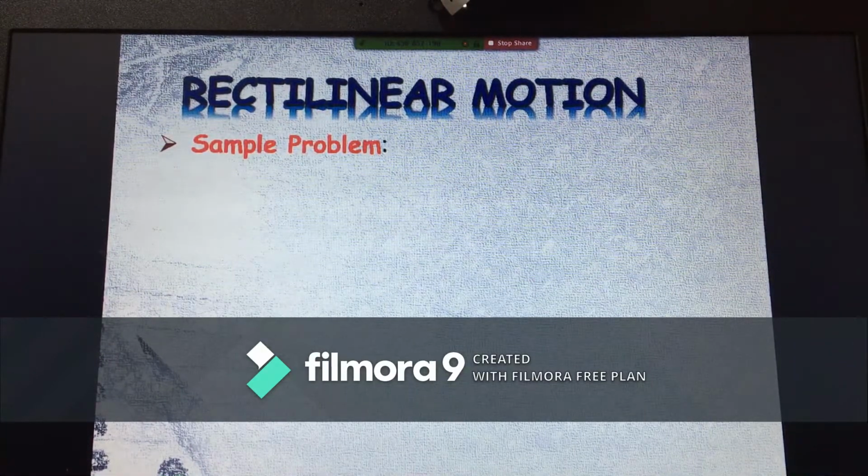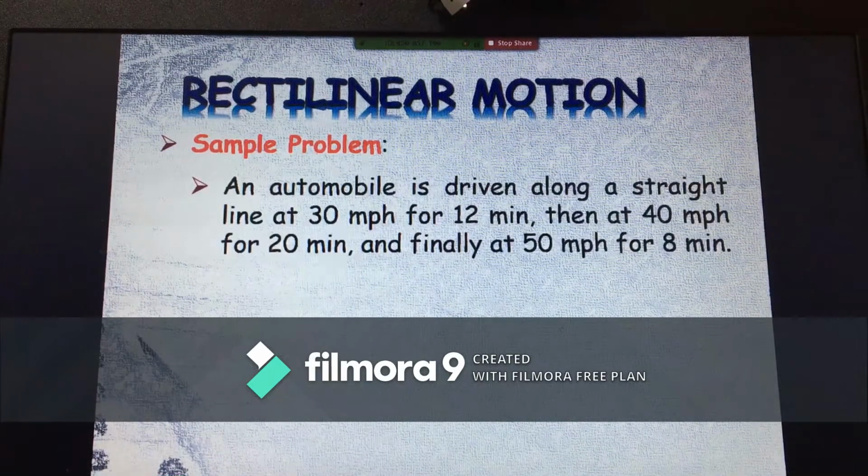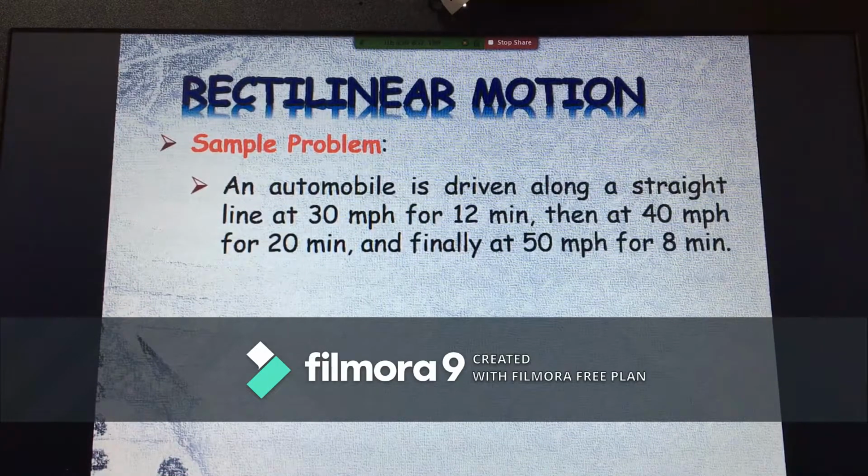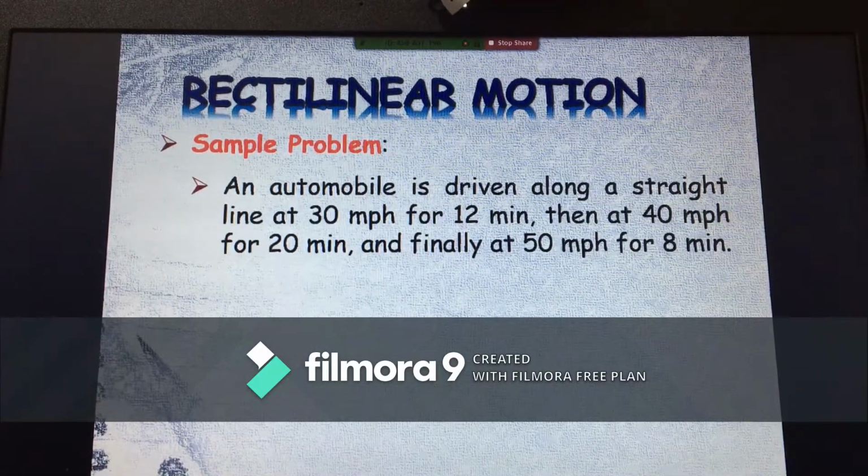So we have here a sample problem. An automobile is driven along a straight line at 30 miles per hour.